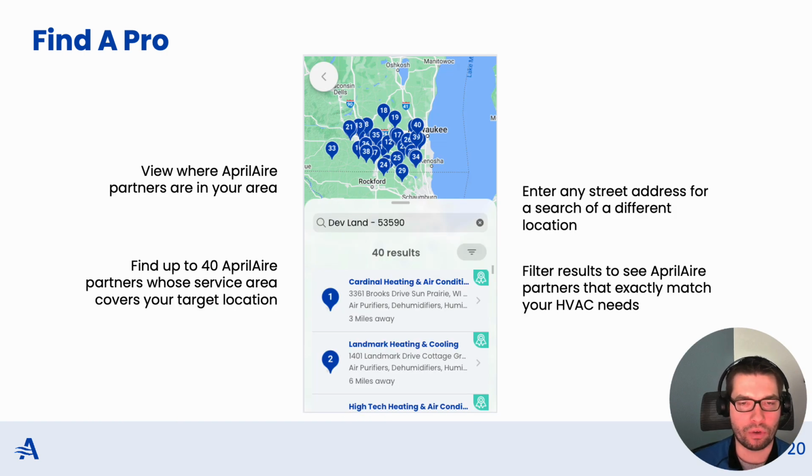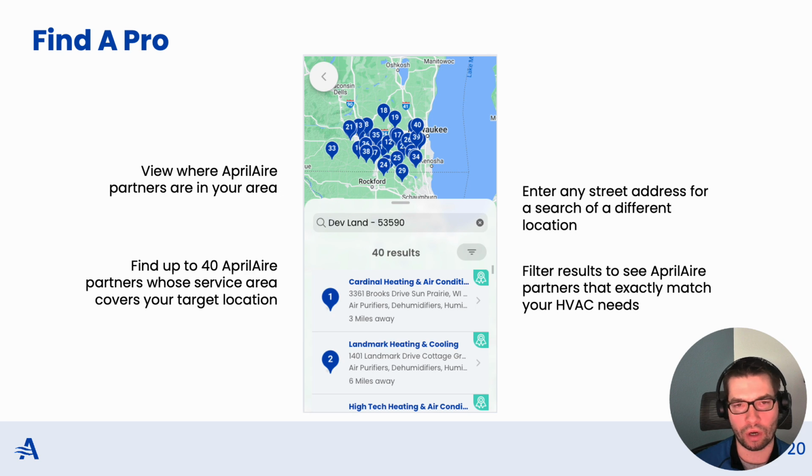On the map page, you can view all the HealthyAire Pros around you. So we will load the page up based upon the location in the app that the user created, and we will load markers up according to that zip code.